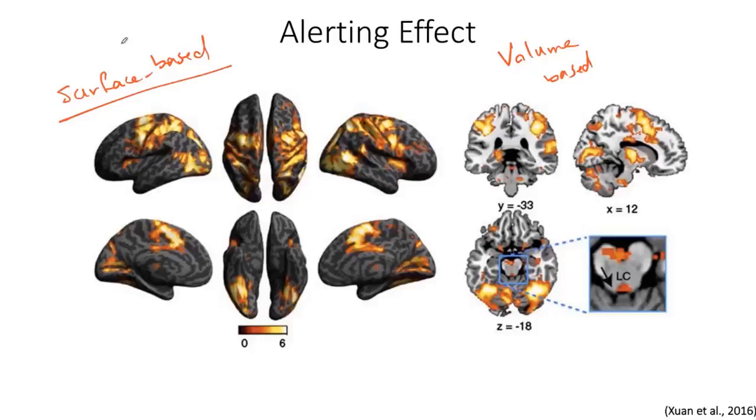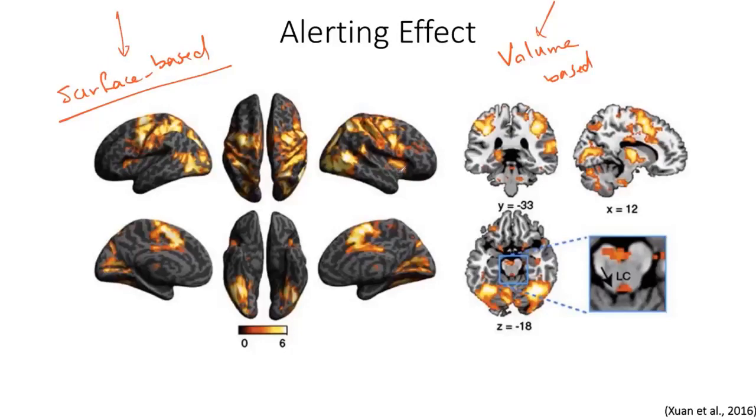Most of the time in fMRI studies, we use one of these maps, the surface-based or volume-based. I'm not quite sure about the reasons, but people use both ways, reporting both the surface and volume. There are pros and cons for each of those ways of visualization to be able to show things in surface-based or volume-based.